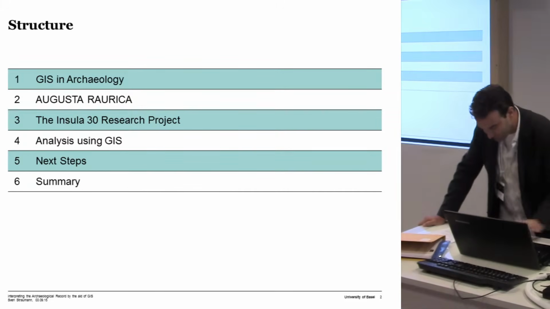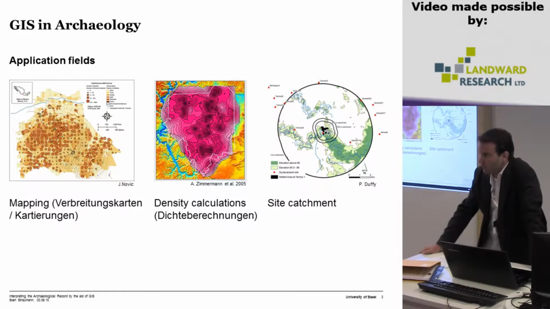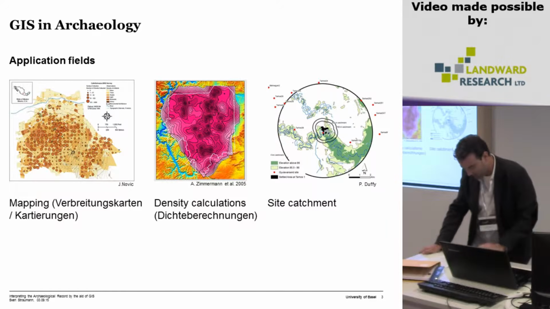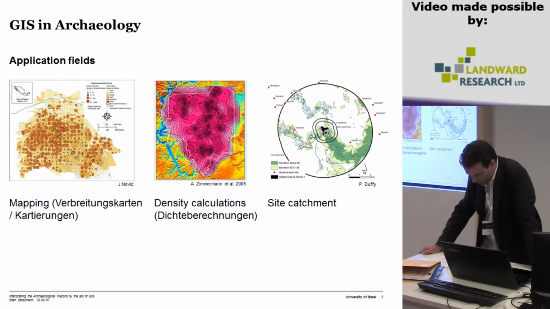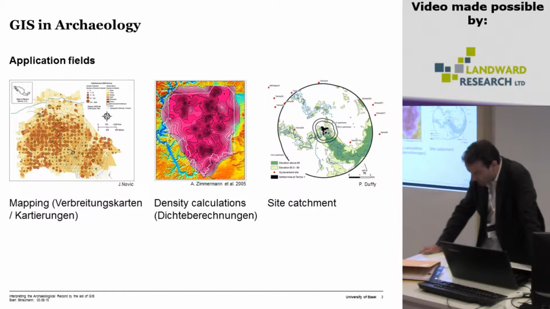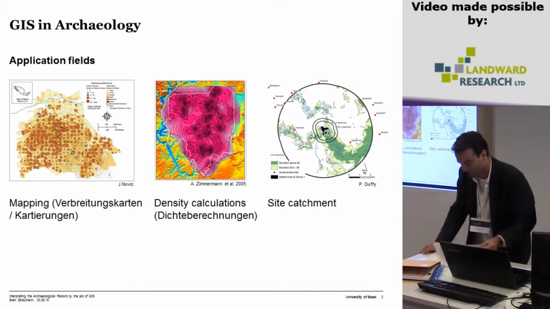In archaeology, as in other fields, the use of geographic information systems has become more and more widespread since the beginning of the 1990s. Such systems have now become a permanent feature of various areas of research, not just for managing archaeological geodata, but for actually providing answers to specific research questions.